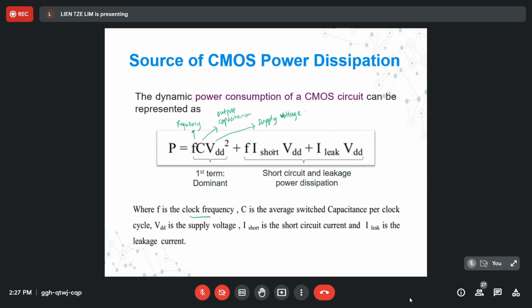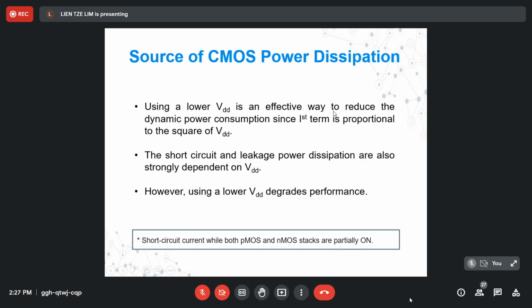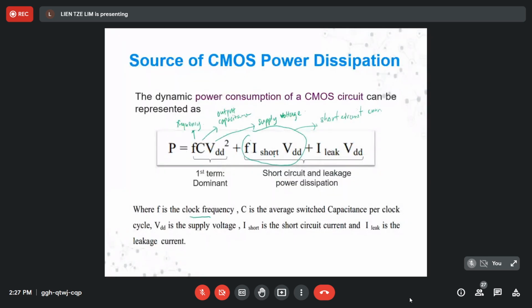This term itself means the short circuit current that causes power dissipation. Sorry, I accidentally clicked. Short circuit current that causes power dissipation.